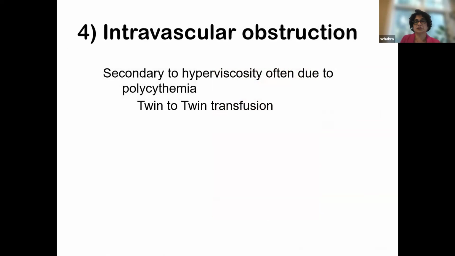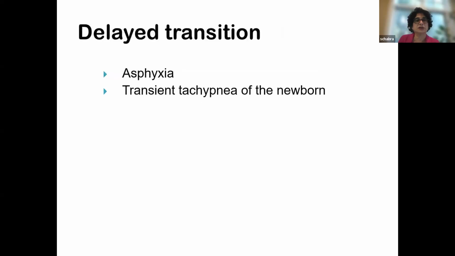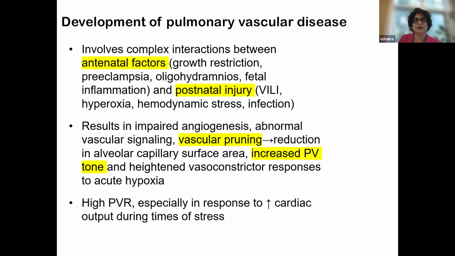Intravascular obstruction due to hyperviscosity, due to polycythemia or twin transfusion, delayed transition due to birth depression or asphyxia or retained lung fluid in transient tachypnea of the newborn. And so the development of the disease involves complex interactions between antenatal factors and postnatal injury.